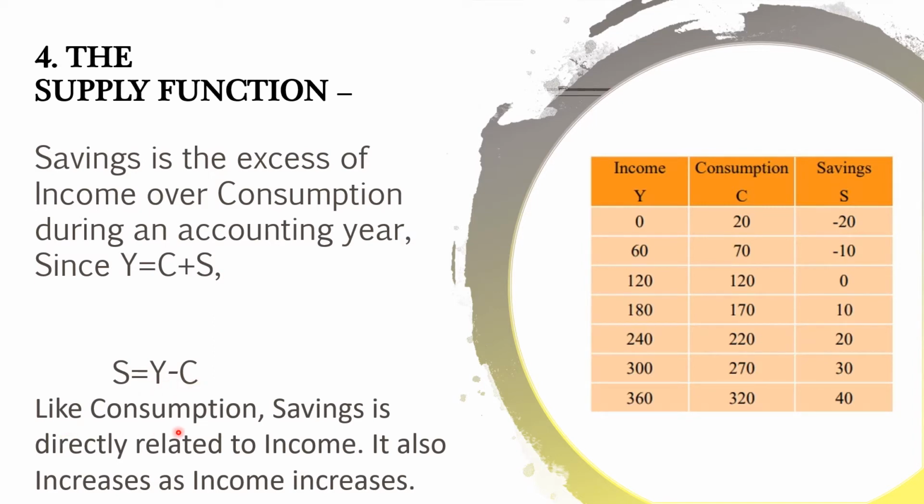Like consumption, savings is also directly related to income. Savings also increases as income increases. You can see here, as income increases from 120 to 180, from 180 to 240 and so on, we can see that savings also rises from 0 to 10 to 20 and so on.